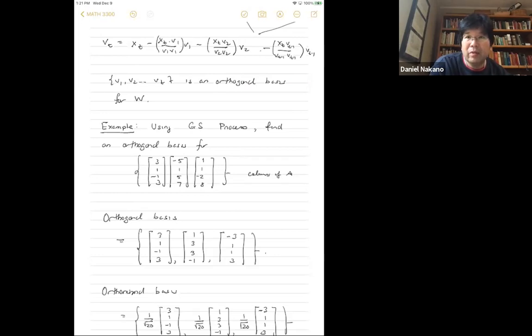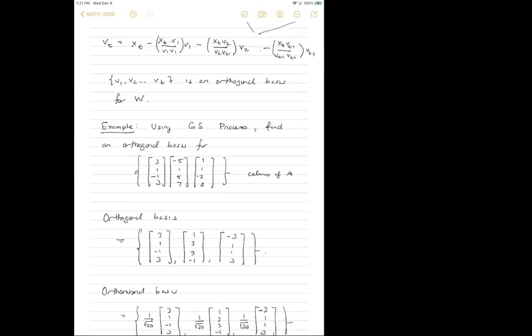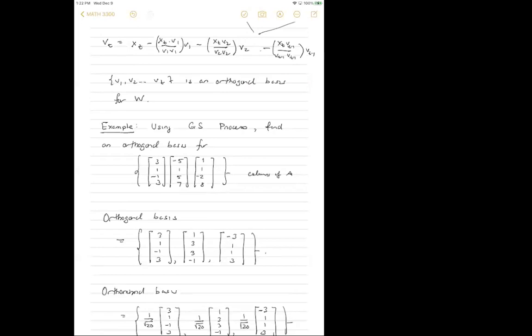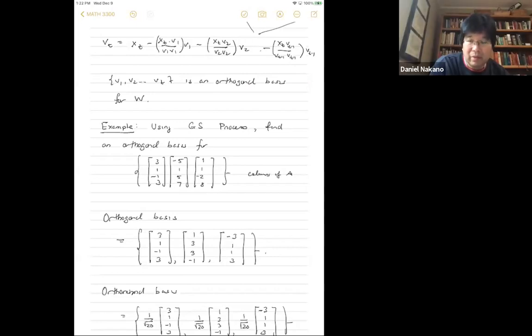To make it equal to A, you have to find the inverse of the permutation matrix and multiply it. That's correct.